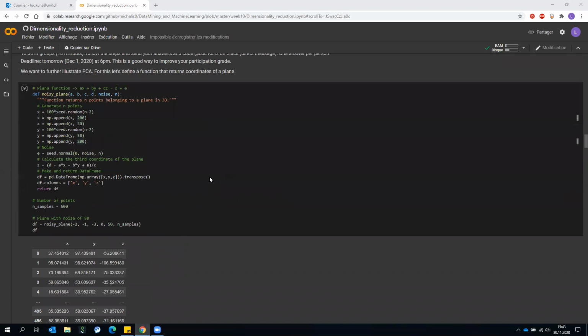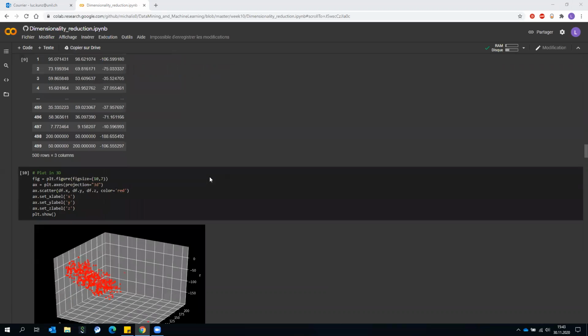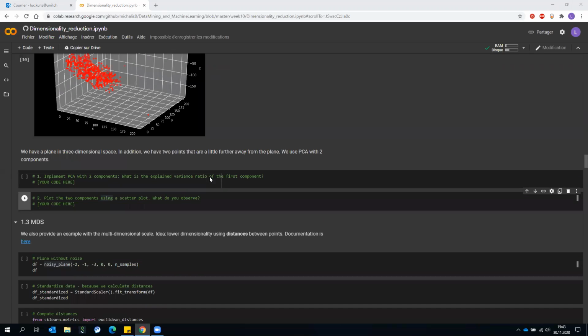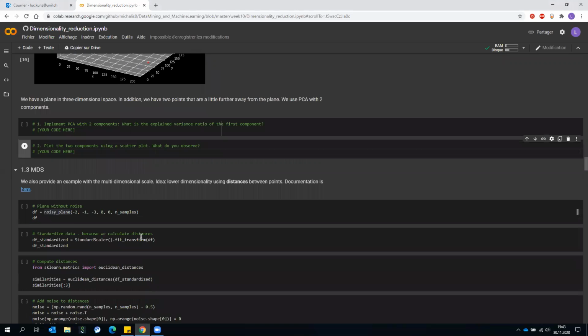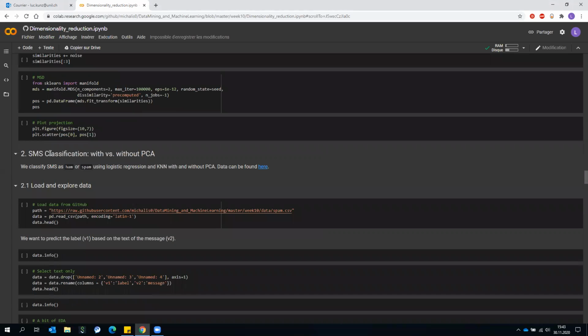And also, it can improve accuracy and time for a classification or regression algorithm, so you can improve your results. We will see this in the second part, where we compare text classification with and without PCA.